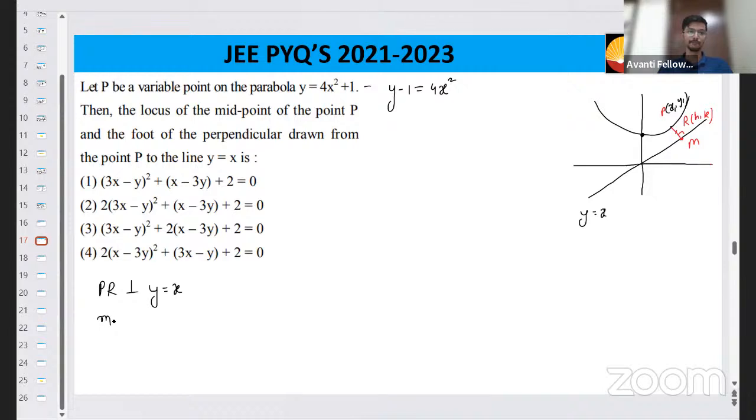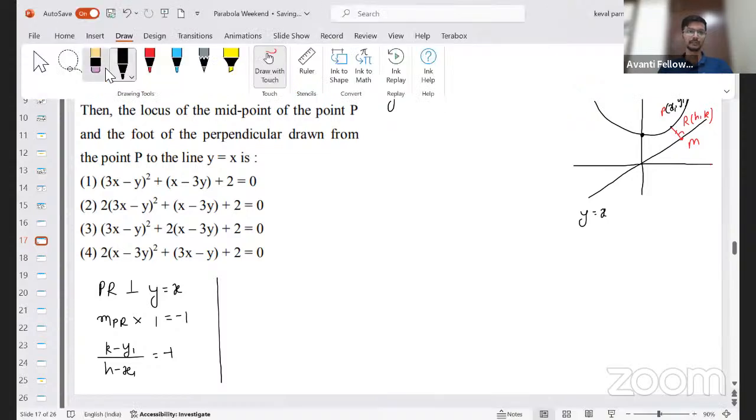So slope of PR times slope of y equals x, which is 1, equals minus 1. What is the slope of PR? It is (k minus y1) upon (h minus x1). Instead of this, I think we can take RM.